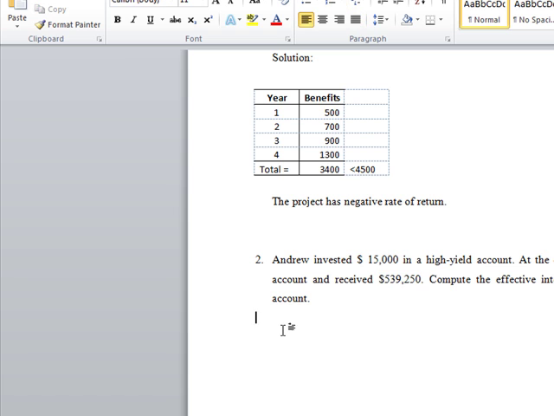So let's first write down these values in a proper format. P is the present value, right? What is P here? P is $15,000 that Andrew has invested. Now what's the future value? Future value is F. That would be $539,250.